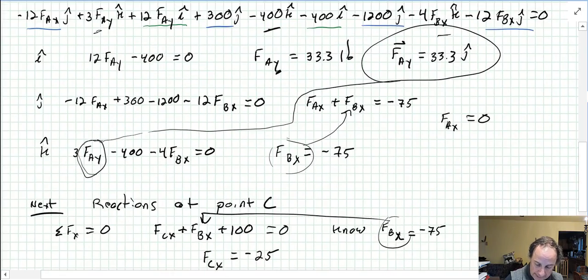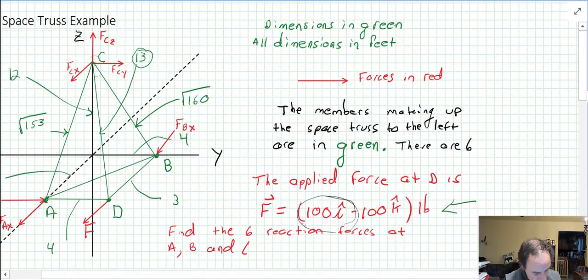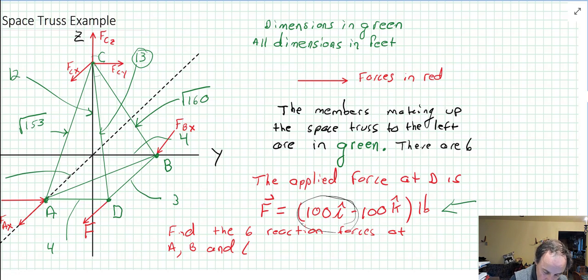Alrighty, so now, going back up to the diagram. Next, what we're going to try to do is find the forces in members AD and AC. Here.